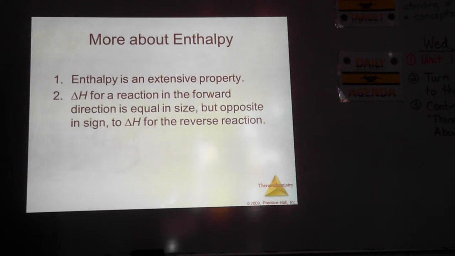Also, if you know the enthalpy for a reaction in the forward direction, you can find the enthalpy for the reaction in the opposite direction, in the reverse direction. It's simply going to be the same number, but you change the sign. So for example, if a reaction has a positive 250 kilojoules of enthalpy in the forward direction, it's going to be a negative 250 kilojoules in the reverse direction.